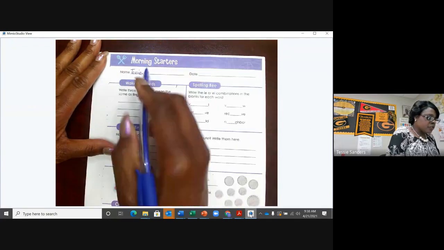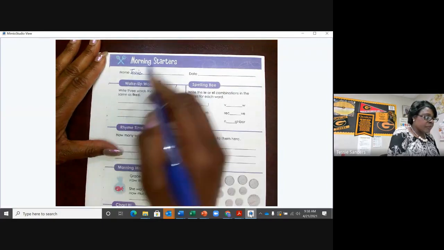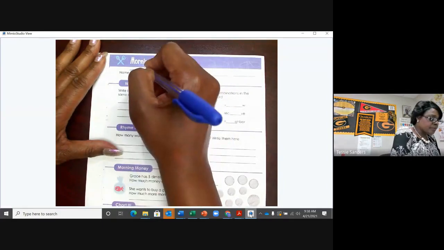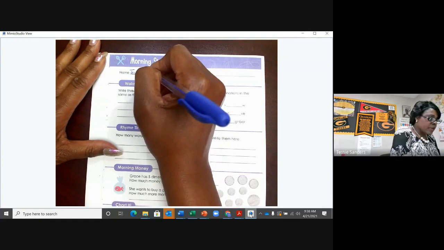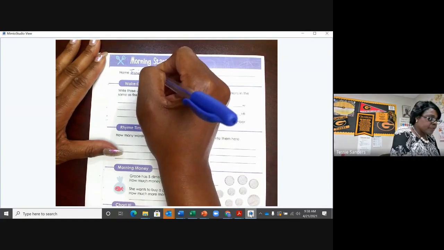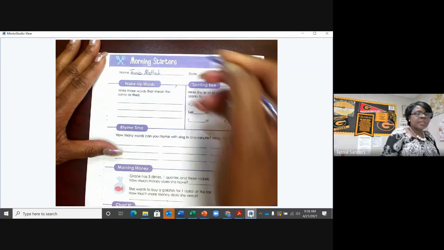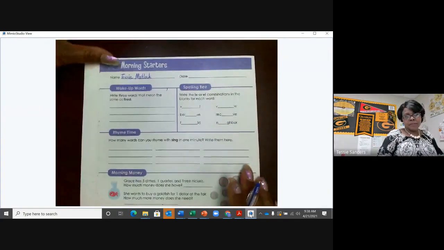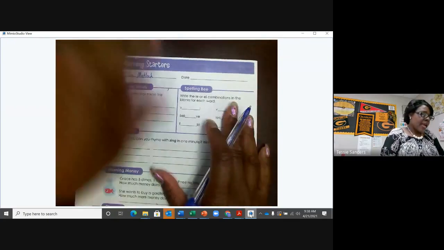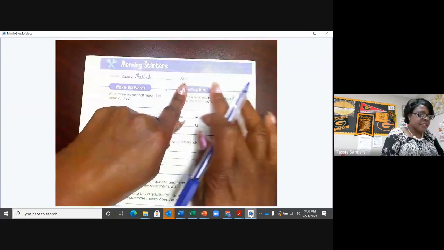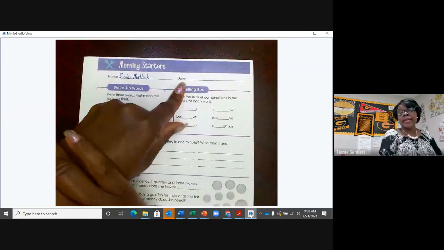All of the other letters are lowercase and neatly written on the line. Start your last name with a capital letter. Please write neatly. And write the date that you are viewing this session.